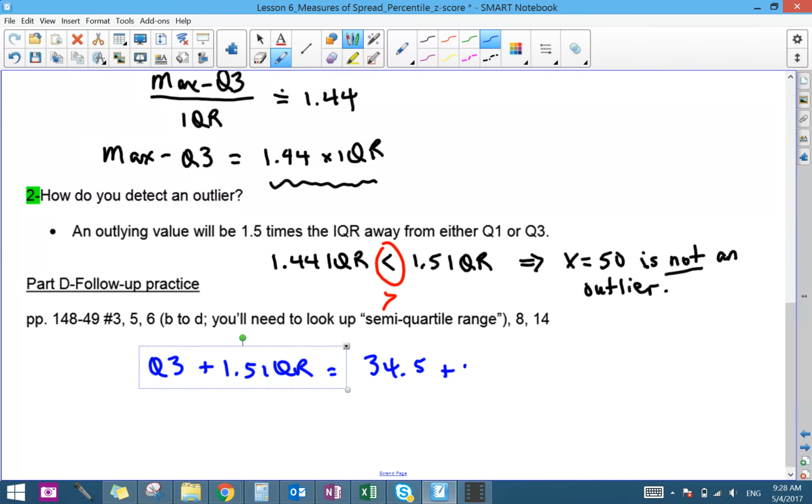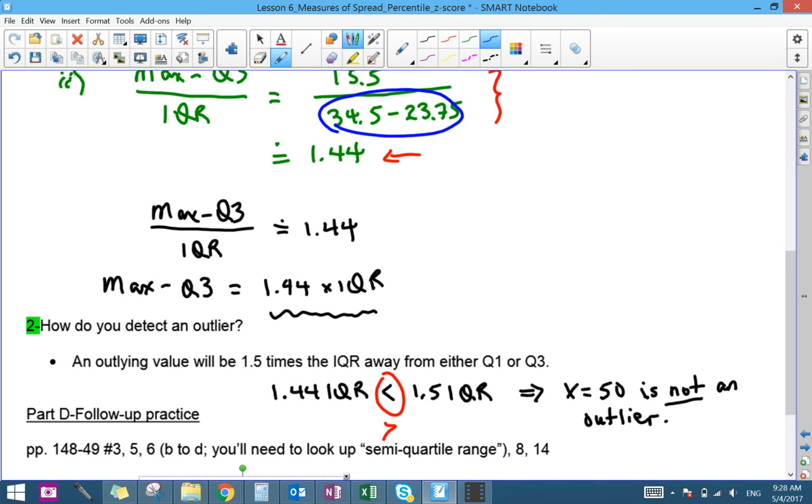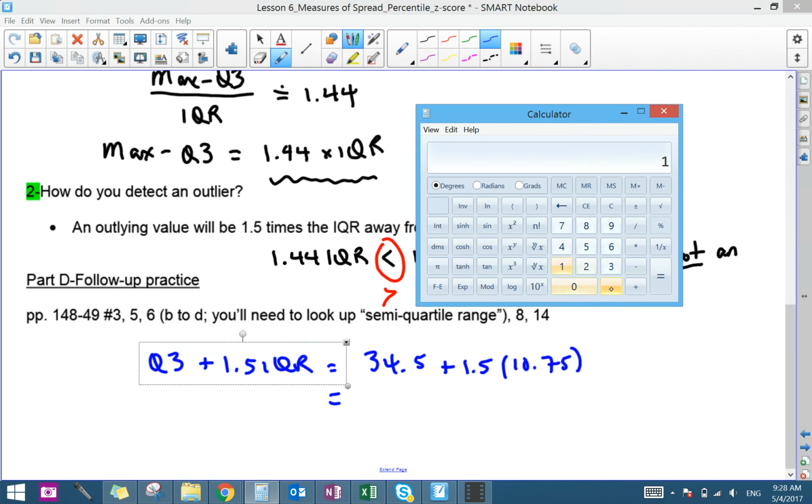We add on 1.5 multiplied by the IQR we calculated, which was 10.75. Let's calculate that here.